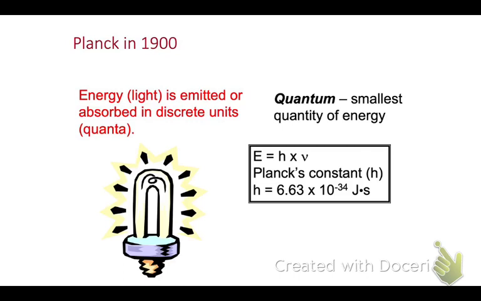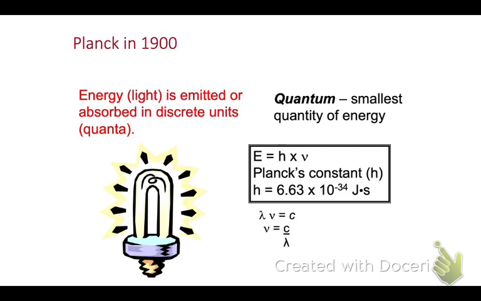He calculated that the energy of any given photon will equal the Planck constant, which is 6.63 times 10 to the negative 34 joule second, times the frequency. If I don't know the frequency, I can calculate it from the wavelength, because frequency will equal c over the wavelength.